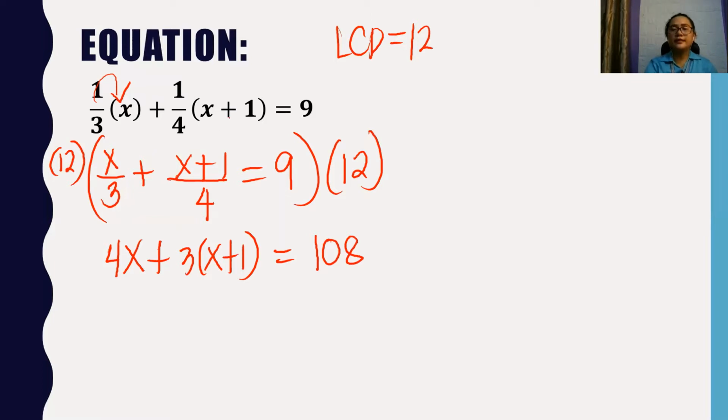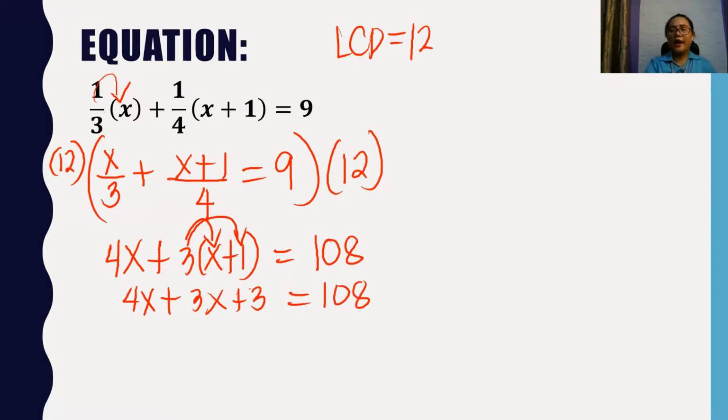All right? Let's continue. Since may parenthesis pa dito, uunahin natin ito na operation. So, bring down 4x plus 2 times 3, 3 times x rather, 3x plus 3 times 1, 3 is equal to 108.